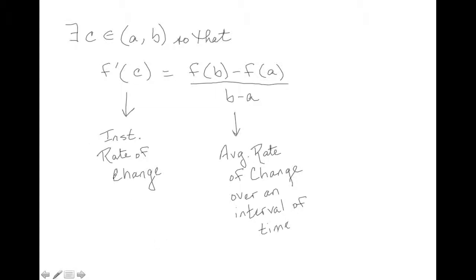And remember, our instantaneous rate of change is going to be at one particular point in time. So what I have for you here are three different examples of different types of real life applications.